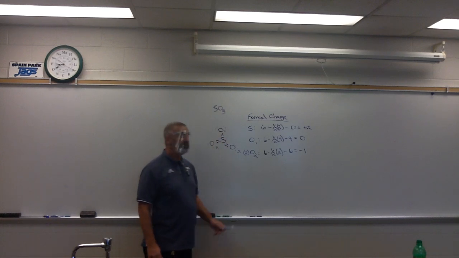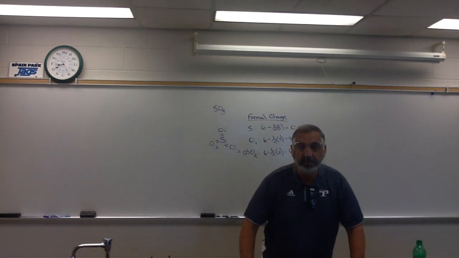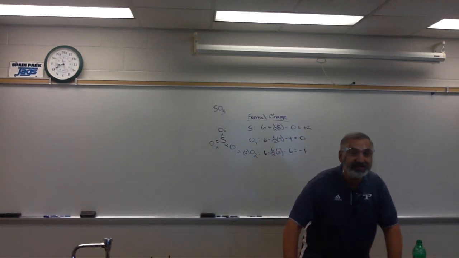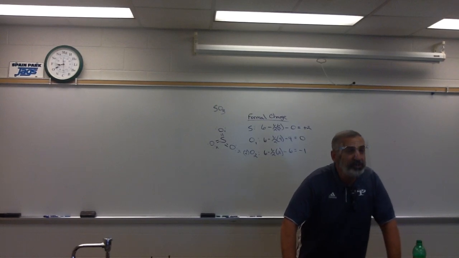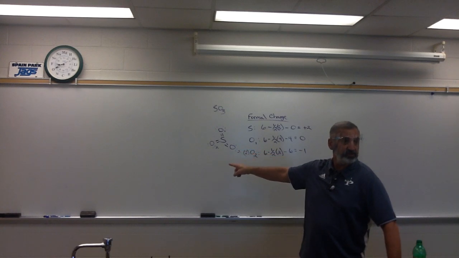Does anybody have any questions? Now listen, very, very important. If a problem ever asks to do a Lewis dot structure, complete the Lewis dot structure, always do it just in terms of the octet rule, like we had it originally with just 1 double bond and 2 singles.